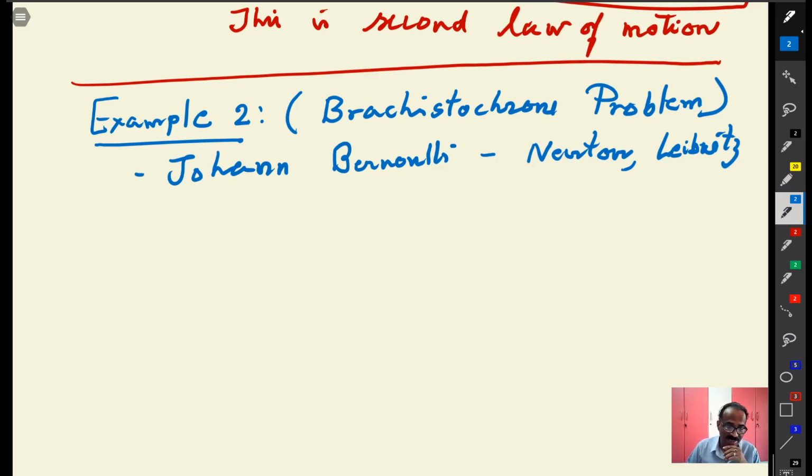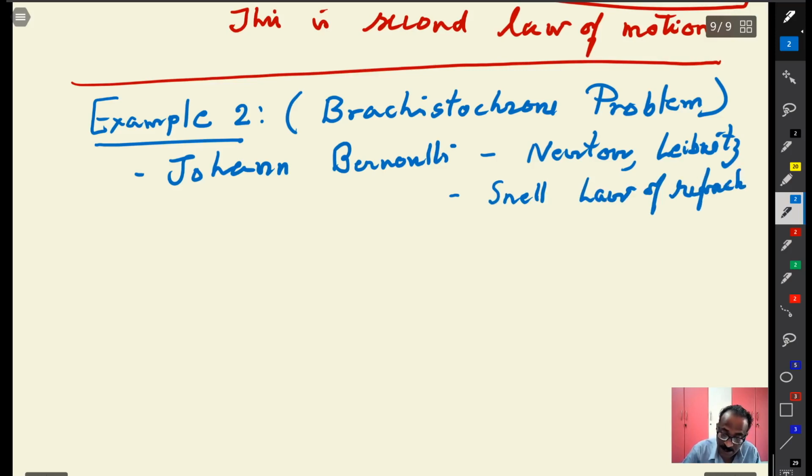The more interesting thing is that the initial proof uses Snell's law of refraction. You see how physics is concerned. So what we are giving is a much more general theory than what you know. It uses that kind of Snell's law of refraction of light.